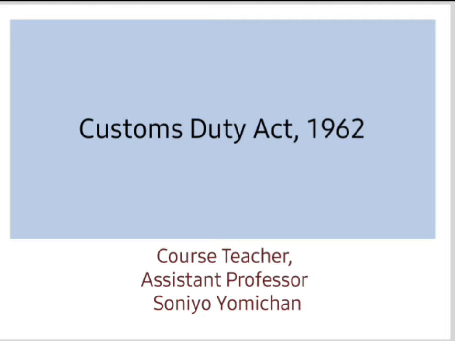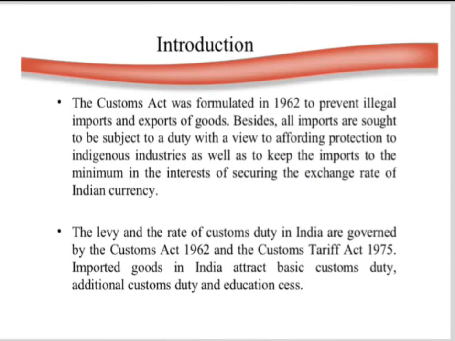So today we will be discussing the topic Customs Duty Act of 1962. Okay, so what do you mean by customs duty? A customs duty is the charge which will be paid for customs clearance when we export or import certain goods, when we export to another nation or when we buy something from another nation.